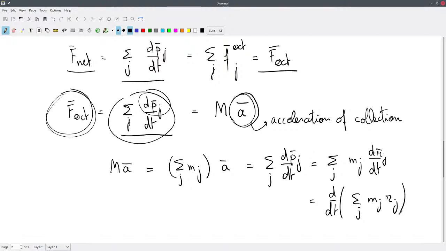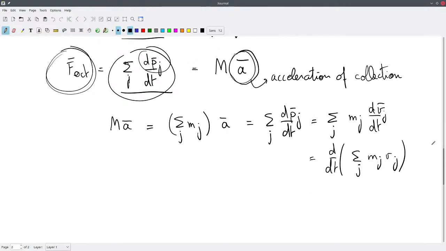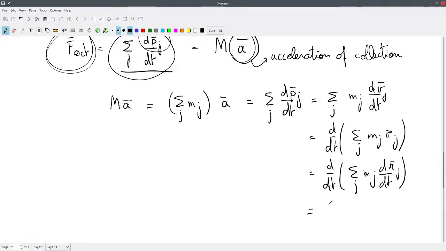Right? I feel like I'm missing something here. No, I did miss something. This should still have been a v, so it's the derivative of the velocity, and here this would have been vj. So that's d dt of the sum over j of mj drj dt, and so all of that becomes the second derivative, d2 dt squared, of the sum over all j's of mj times rj.